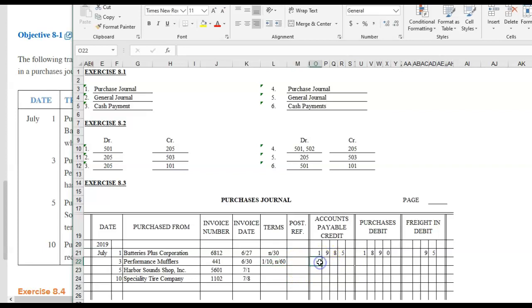Okay. And we know that the purchase was for $4,250, and the freight was $99, and that means the total was $43.49.